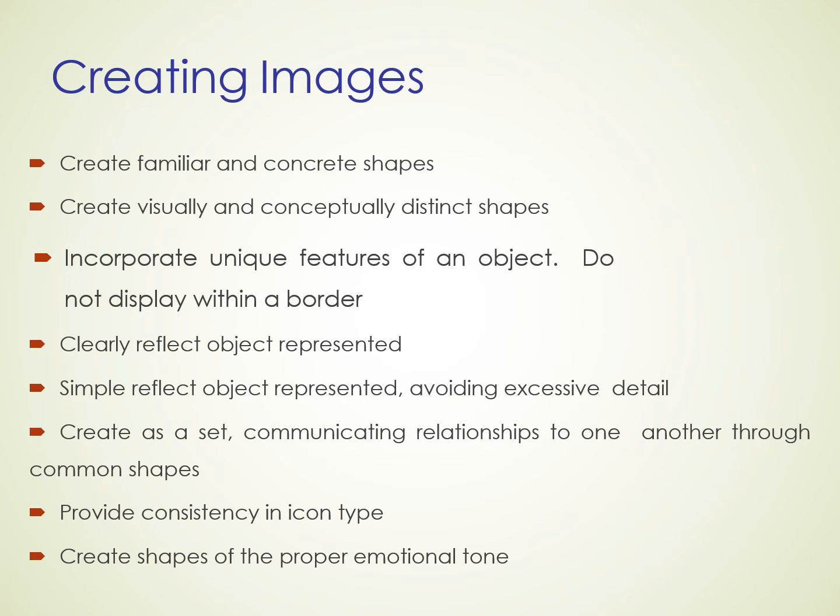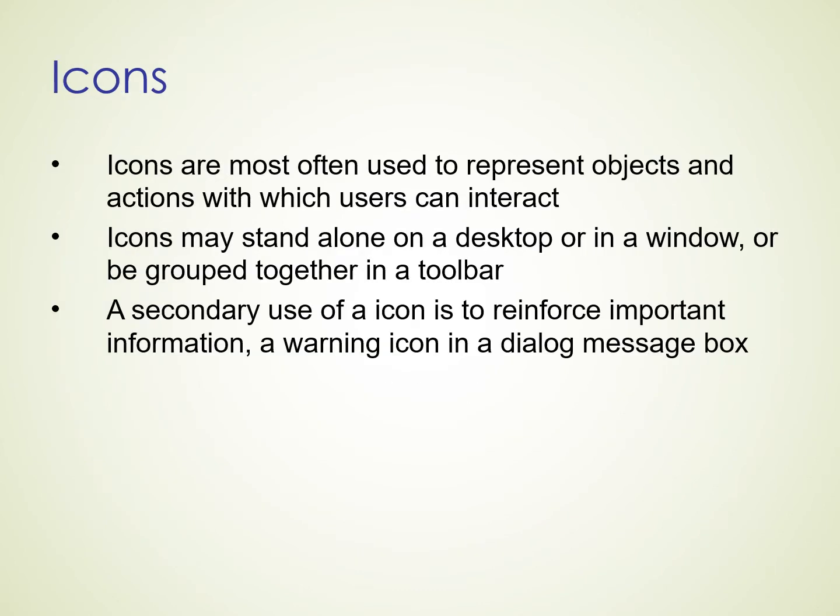And then you have to provide consistency within your icon types, and icons are mainly used as a communication between one another with common shapes. So instead of using text, you are using images which give certain meaning. So these icons are most often used to represent objects and actions, okay, with which users can interact. So just now we saw that you have a play button.